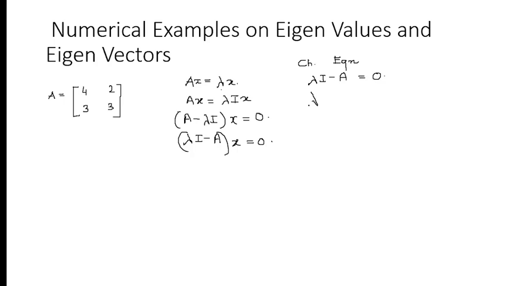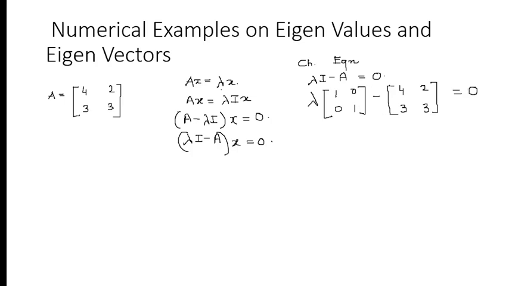So lambda into the identity matrix. As it is a 2 cross 2 matrix, naturally the identity matrix will also be a 2 cross 2 matrix. Minus A. What is the A matrix? 4, 3 and 2, 3. Now this is equal to 0.